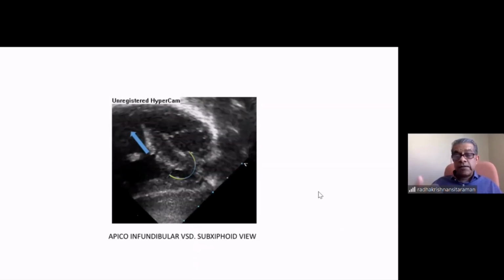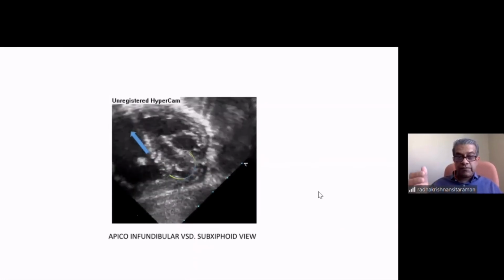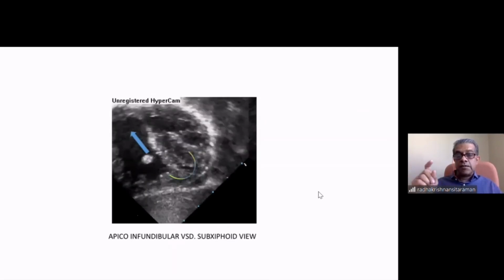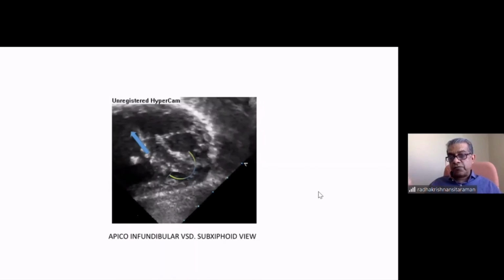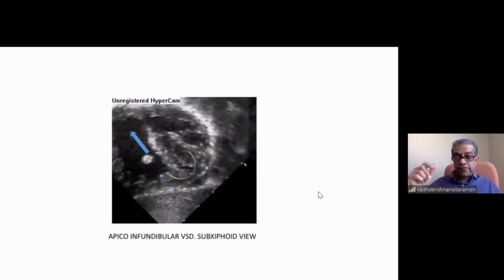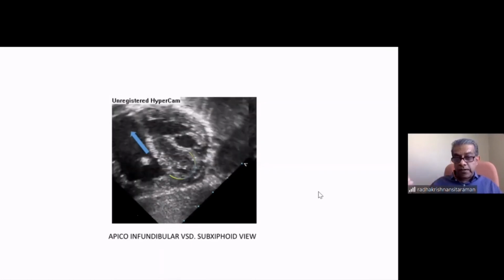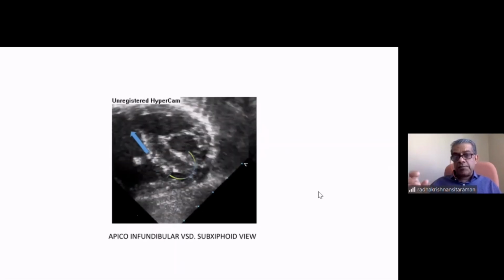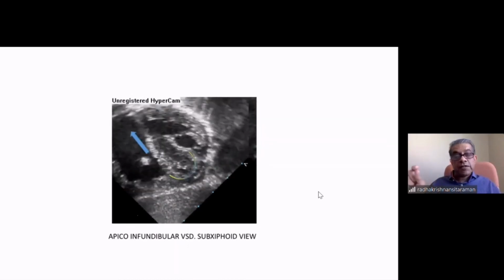Although there have been reports of successful device closures, the success typically occurs in patients who can tide over about 4 to 6 weeks so that the margins are firmed up and you can easily fix a device. Typically, these occur in patients who do not have very large VSDs and have not gone into cardiogenic shock.